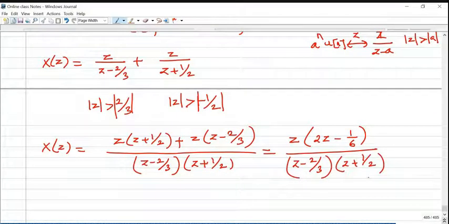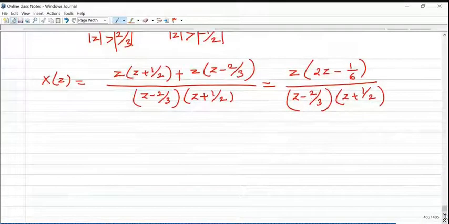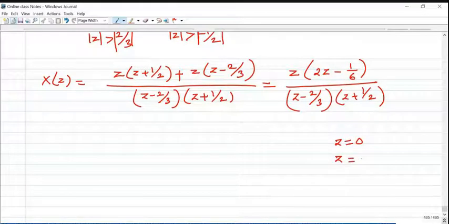Okay. Now how many poles and how many zeros are there? Because in the question, plot poles and zeros first. From the numerator, z equal to 0. Next, 2z minus 1/6 equal to 0, then you will get z equal to 1/12.